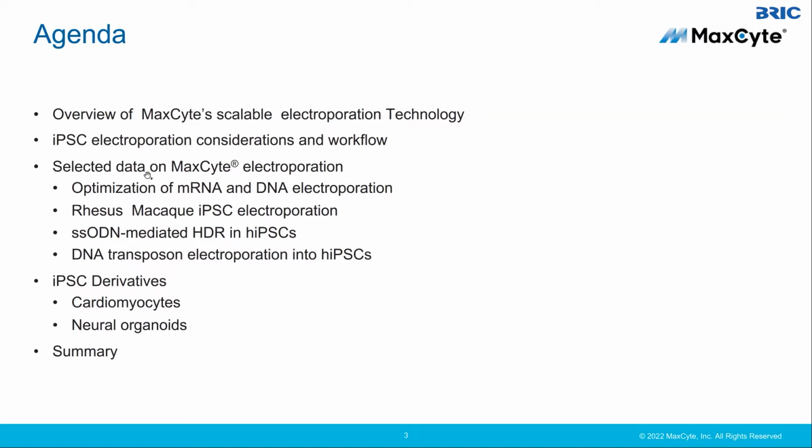Then I'm going to go into some selected data on MaxCyte Electroporation, optimization of mRNA and DNA delivery, an example of rhesus macaque iPSC electroporation from Shin Kaneko's lab at CiRA, and then some examples of how you can utilize ssODN-mediated HDR in iPSCs for making single base pair substitutions.